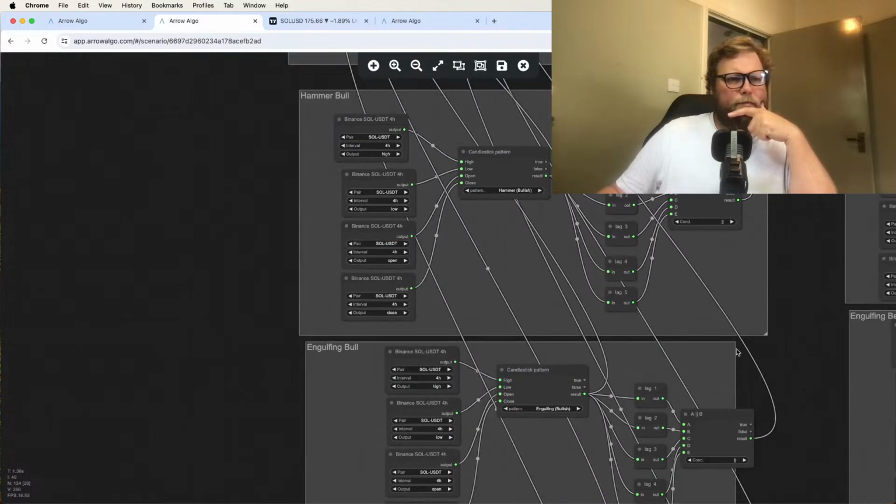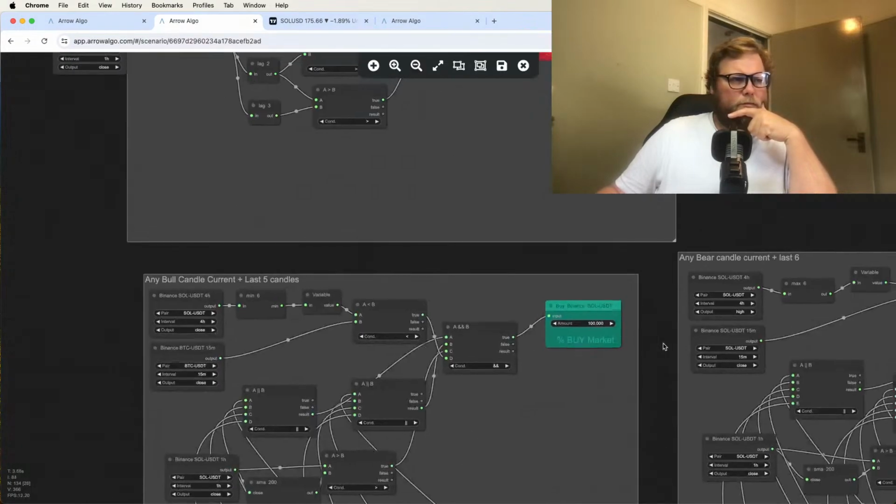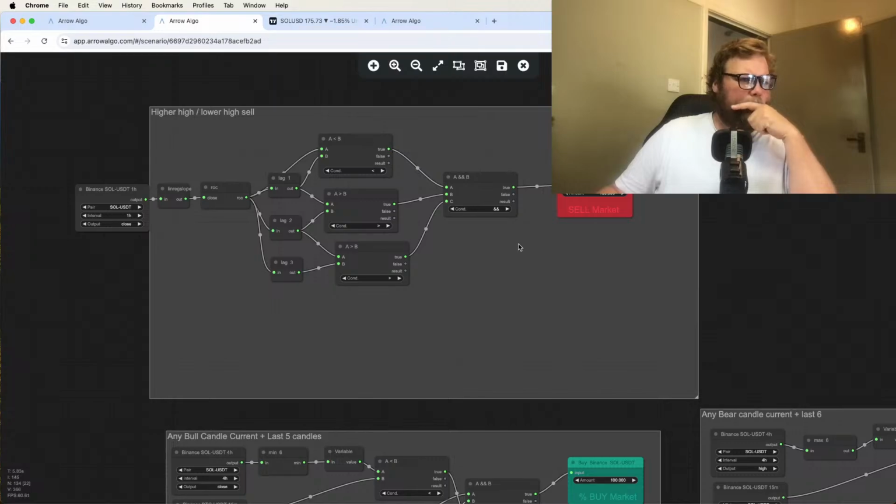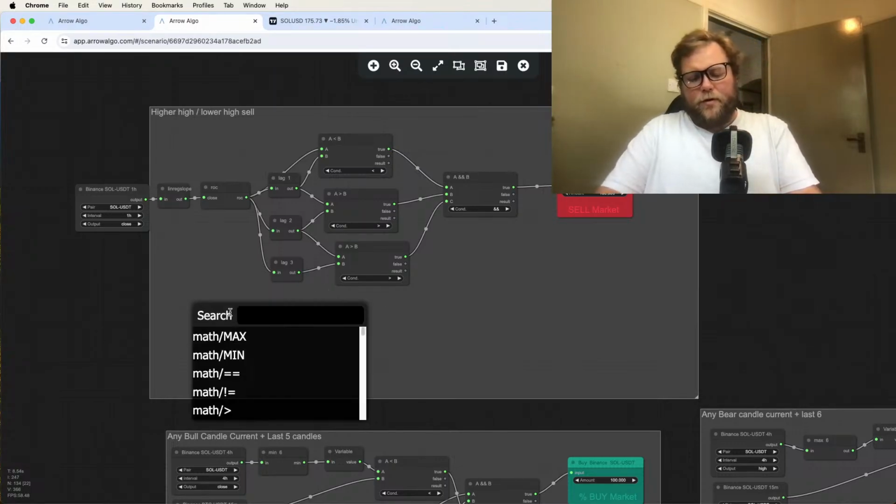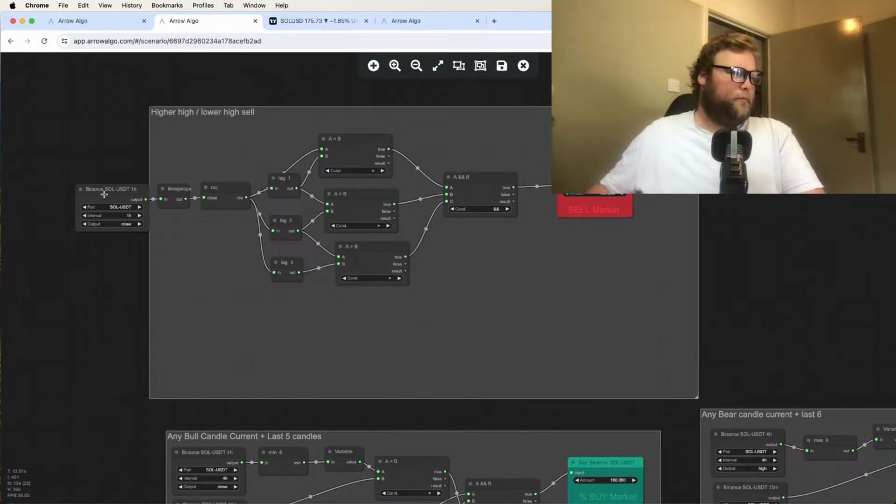And I think I'm going to do that by adding in another rule to say, let's not buy if the 15-minute price is still on the rise.